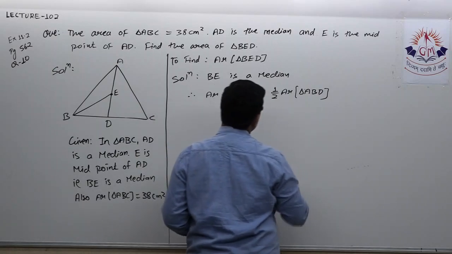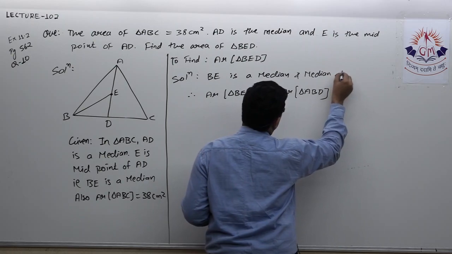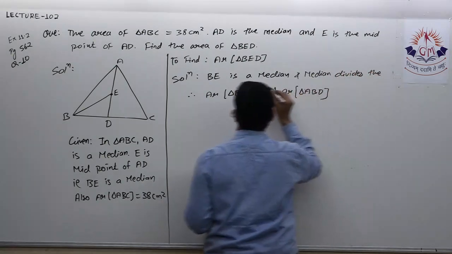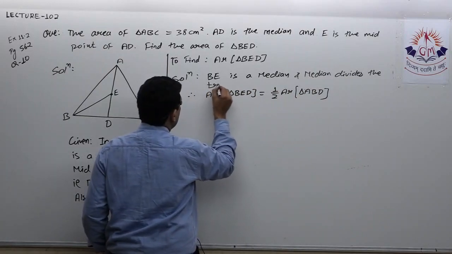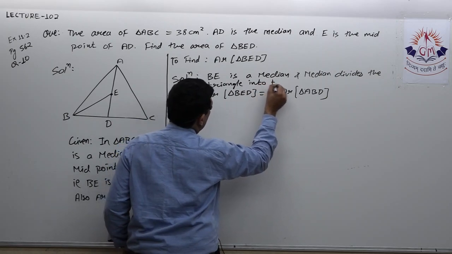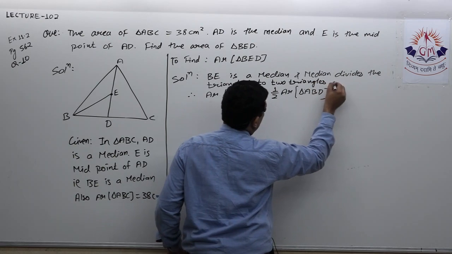B is a median, and a median divides the triangle into two triangles of equal area.